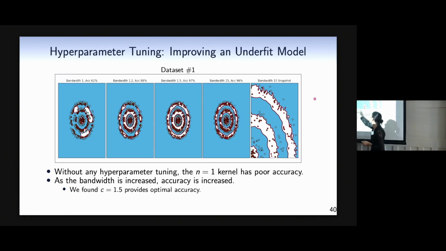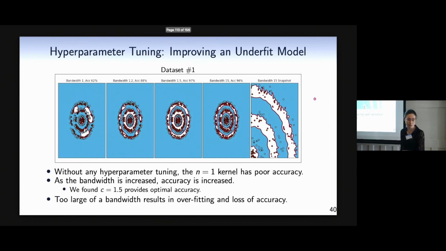If you go too far, you start to really be overfit. But we found that a bandwidth of 1.5 is about optimal. Of course, that 1.5 is just checking a few values, no extensive search.